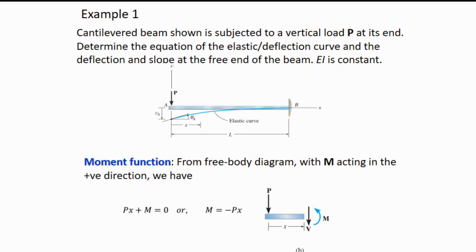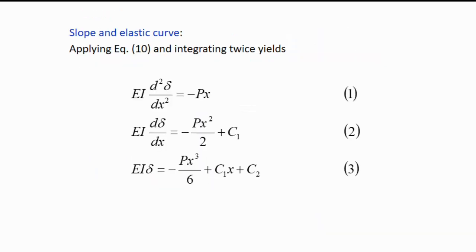When we cut this beam, we can find this moment equals minus Px. Then if we insert this in our expression which we developed earlier, EI d²y/dx² = M, which is minus Px. That means negative moment here.